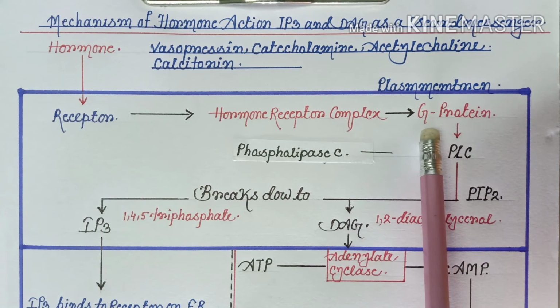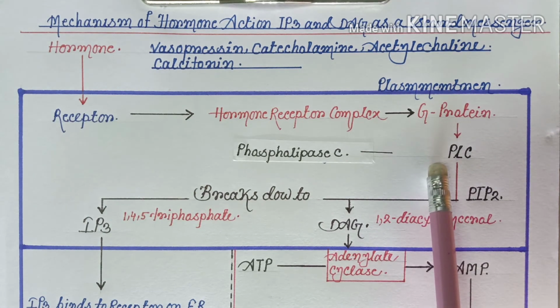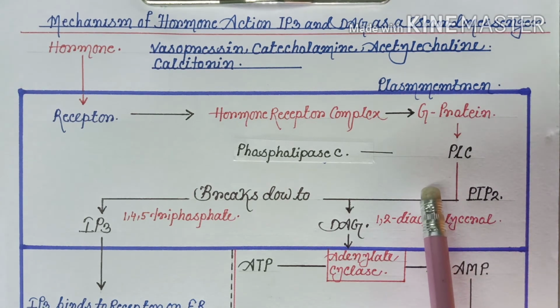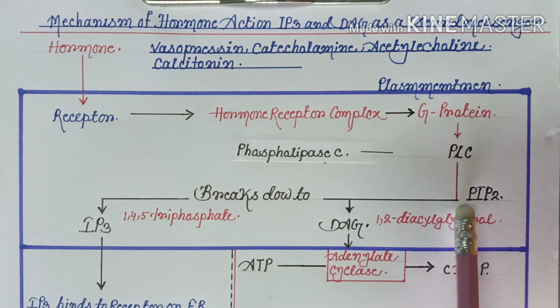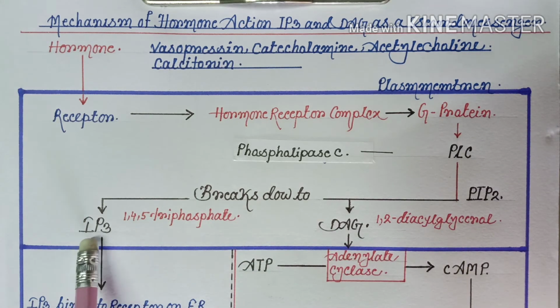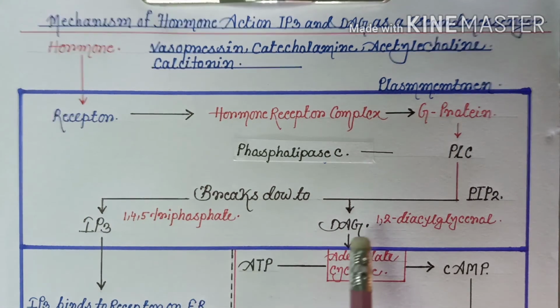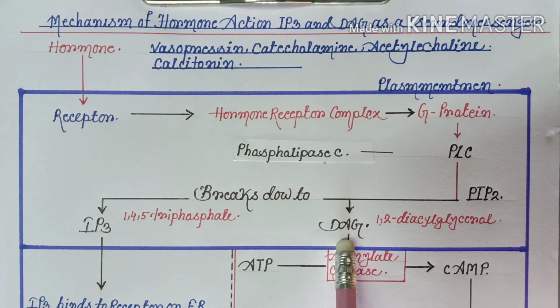This G protein then helps in the activation of PLC, that is phospholipase C. This phospholipase C acts on PIP2 and helps to break it down into two different compounds. One is IP3, that is inositol 1,4,5-trisphosphate, and another is DAG, that is 1,2-diacylglycerol. Now those two compounds act in the target cell in two different pathways.